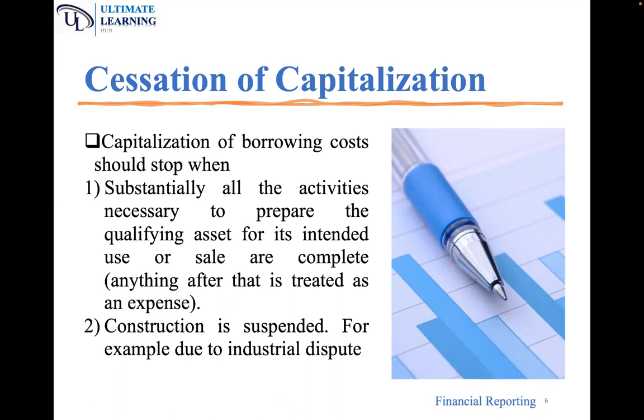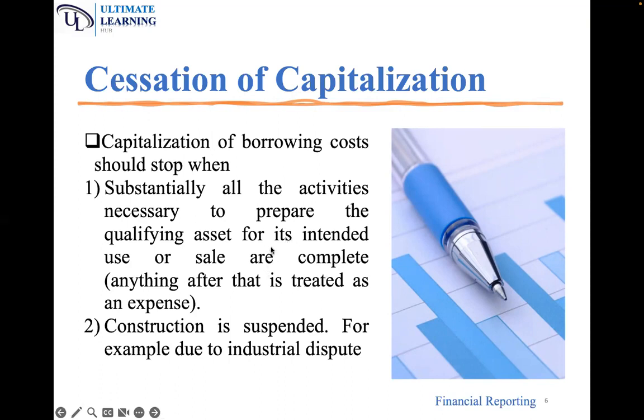So borrowing costs capitalization stops when, number 1, construction is complete. That is point number 1. Substantially all activities necessary to prepare the asset for its intended use are complete. And number 2, when construction is suspended.